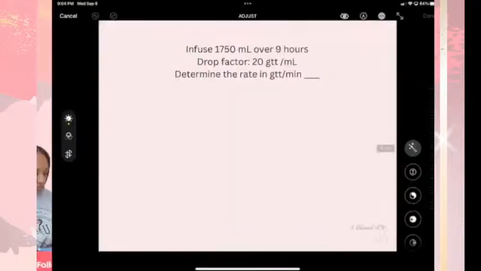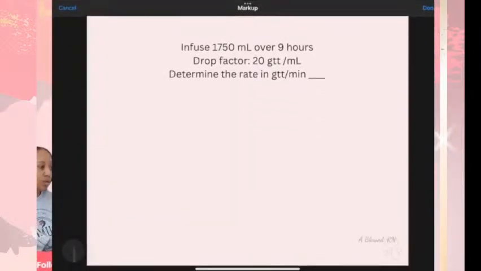All right, so infuse 1,750 mLs over 9 hours. The drop factor is 20 drops per milliliter. Determine the rate in drops per minute. So remember, we said that we can give an IV two ways. You can give it in a pump, or you can give it via gravity.